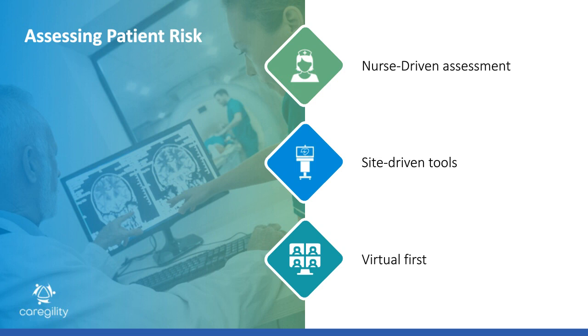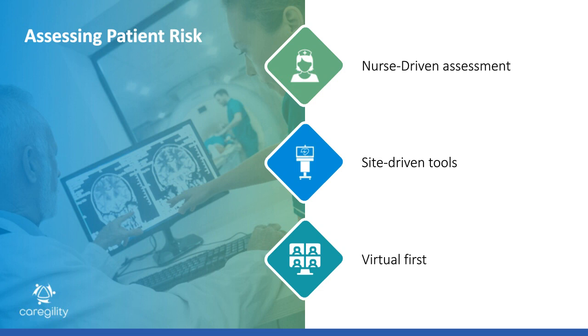If they're deemed appropriate, they are put on virtual observation, and if not, perhaps they will get a physical sitter. There are also site-driven tools that can be utilized, so a facility can use, or develop their own, scoring tools to assess whether a patient is a good candidate. The assessment could measure the number of times a patient has to be redirected during a set time period, for example, or be used to determine a patient's fall risk score.